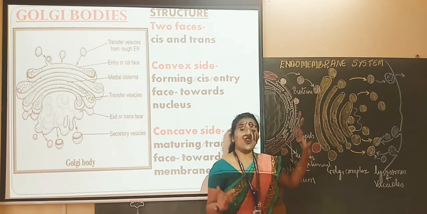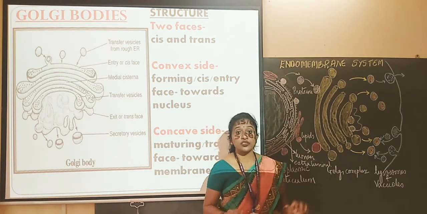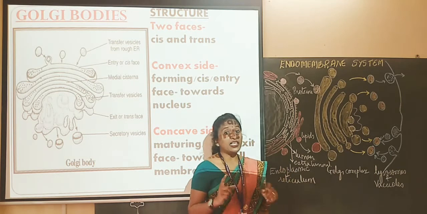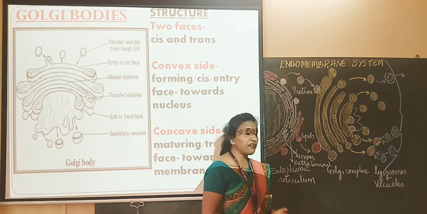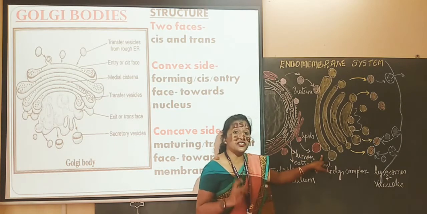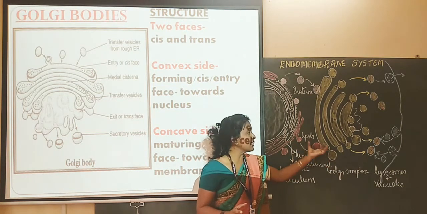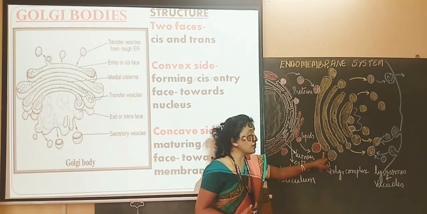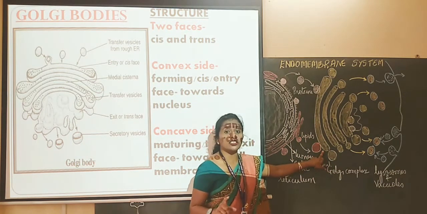And here in the Golgi apparatus, various modifications of these proteins will take place. On the other side, smooth endoplasmic reticulum where the lipids are synthesized, modified and then transferred to the Golgi apparatus. So the vesicles which are formed from the endoplasmic reticulum will be fused in the cis face or forming face of Golgi apparatus.